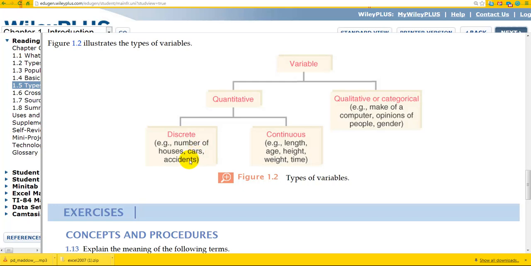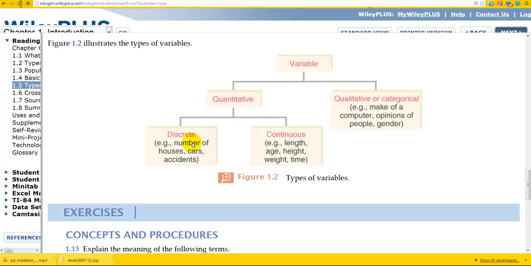On the other hand, if you're talking about length, you can say 1 centimeter, you can say 1.5 centimeters, you can say 1.55 centimeters, you can say 1.55555 centimeters. So that's kind of different than this type.